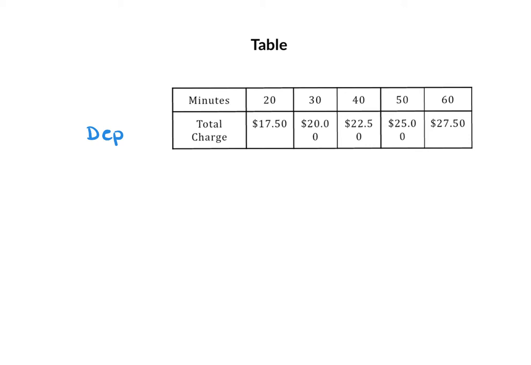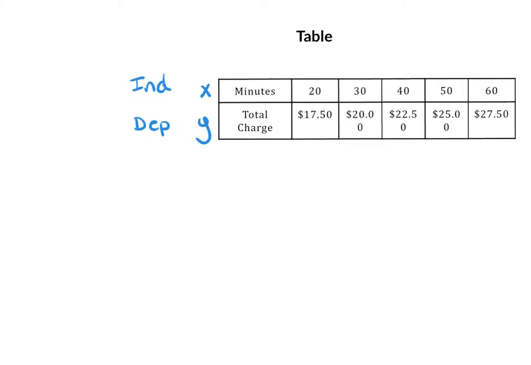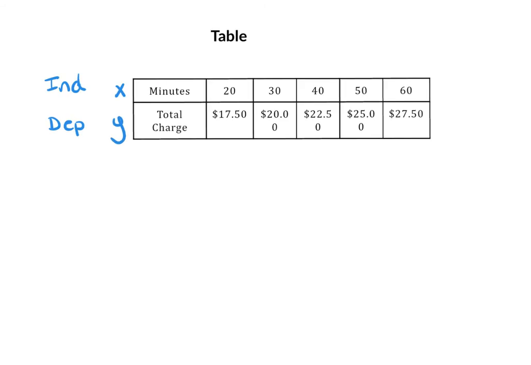So that is your independent variable. So I've got x, I have y. So if I want to find the rate of change, oh, it looks like these zeros got pushed down. That was just supposed to be 20.00. I didn't notice that. Okay, no worries.